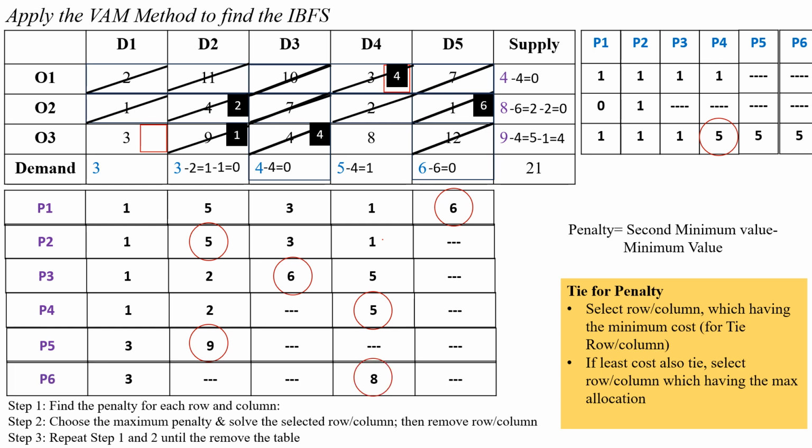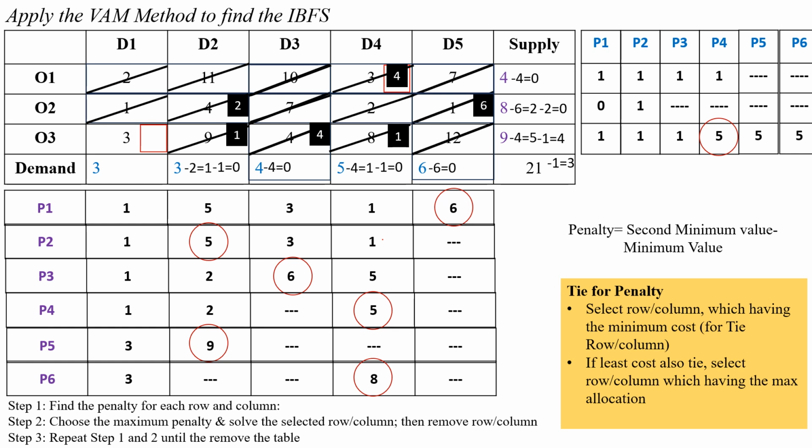For the columns, the D1 column is 3 and the D4 column is 8. Among these, the maximum penalty is 8, so for the D4 column, supply is 4 and demand is 1. The maximum possibility of allocation is 1, so allocate 1. Then subtract 1 from the supply as well as the demand. Supply will become 3 and demand will become 1 minus 1, which is 0. Then we have to remove the D4 column.